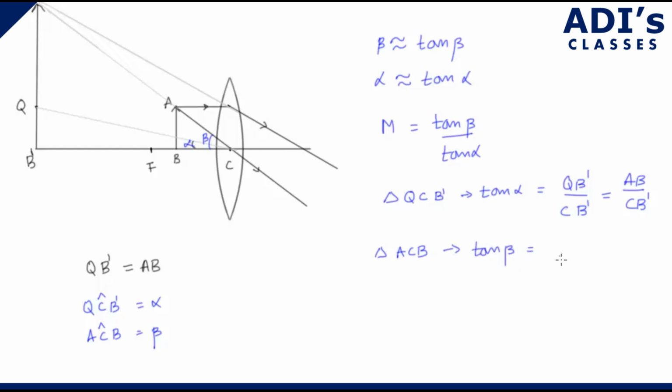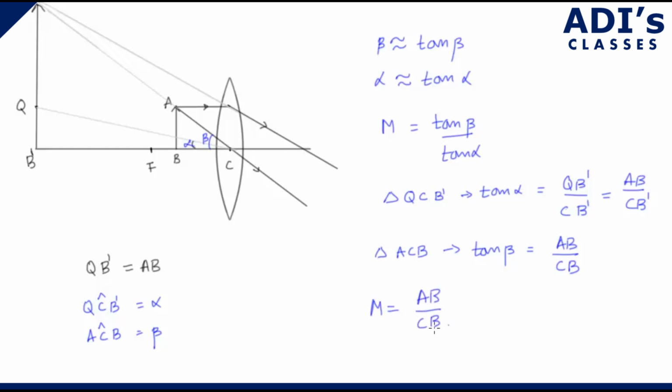So we got tan alpha. Now we'll consider triangle ACB. In this we'll consider tan beta. Tan beta is nothing but AB divided by CB. Now what is magnification? Tan beta divided by tan alpha.